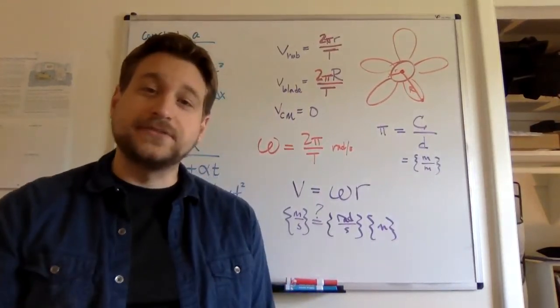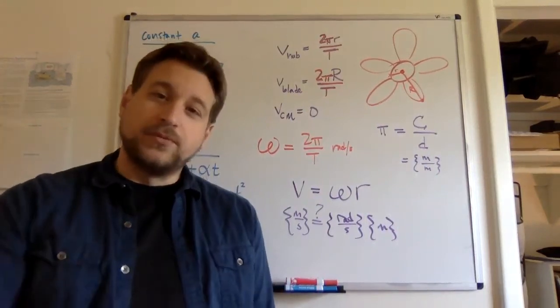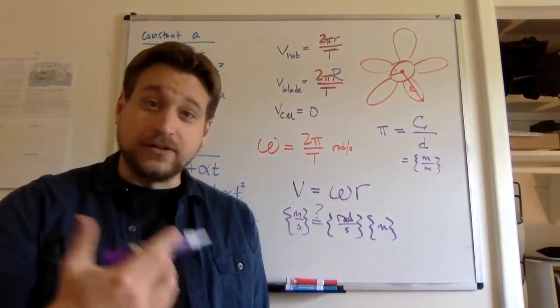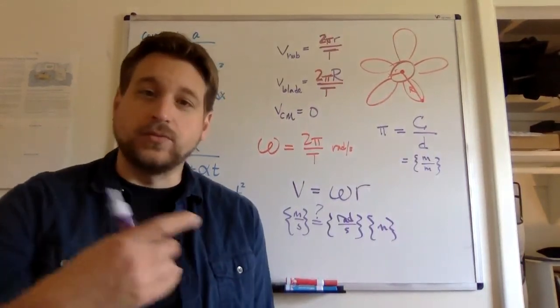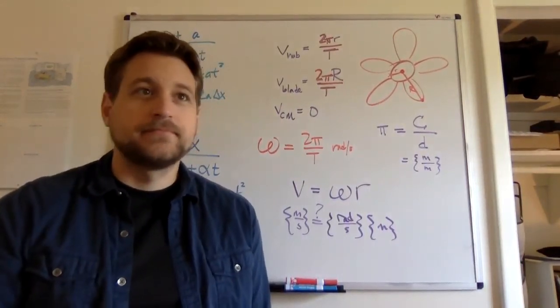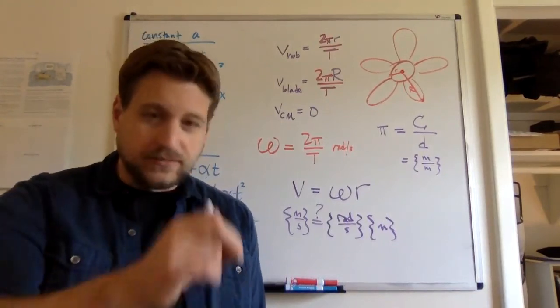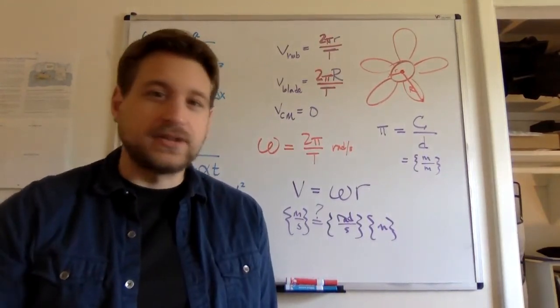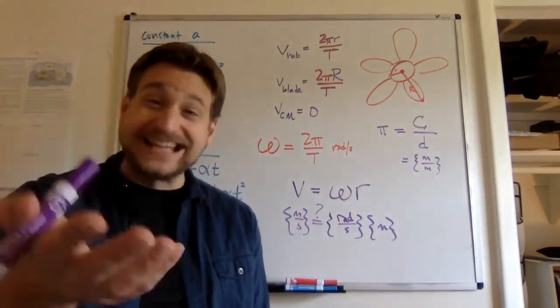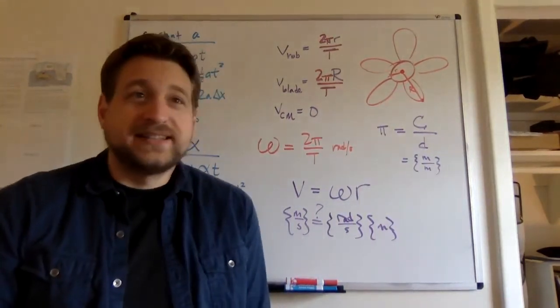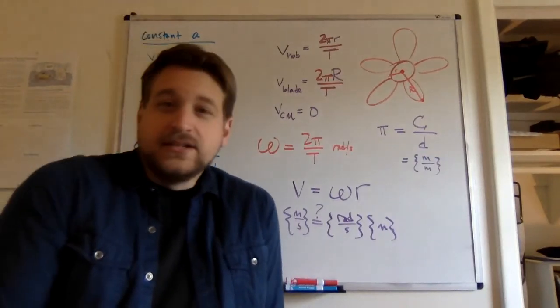It's the ratio of two lengths. But when we talk about angle around a circle, we're just counting. We give it a little marker to indicate that we're talking roughly about something circular or something rotating, something angular, but there's not really a unit there.